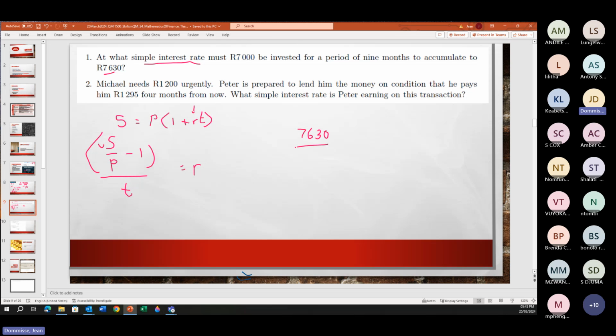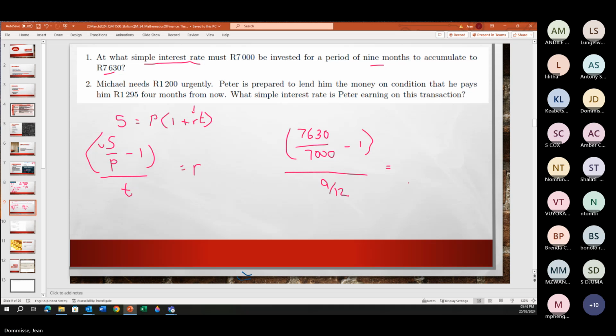We know that they've given us 7,000 as the present value. So we will divide, subtract 1 from it, and then the time we will need to divide by, they tell us 9 months, so 9 divided by 12. And that should give us the interest rate.